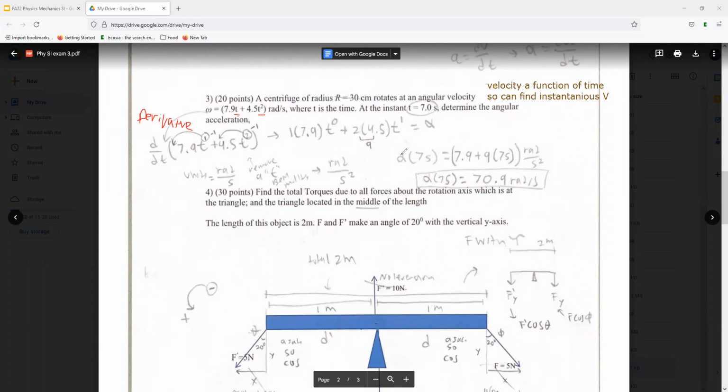These two multiply together, and that gets you your alpha, which I think I wrote it here. And then from there, plug in time. That gives you your instantaneous angular acceleration at that time.